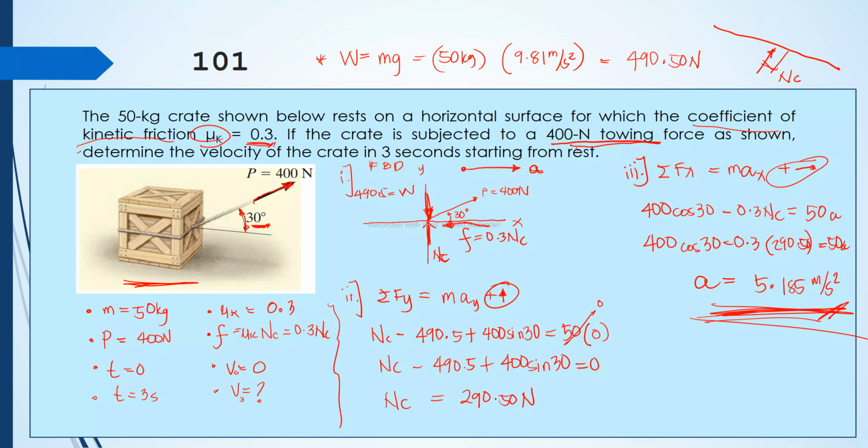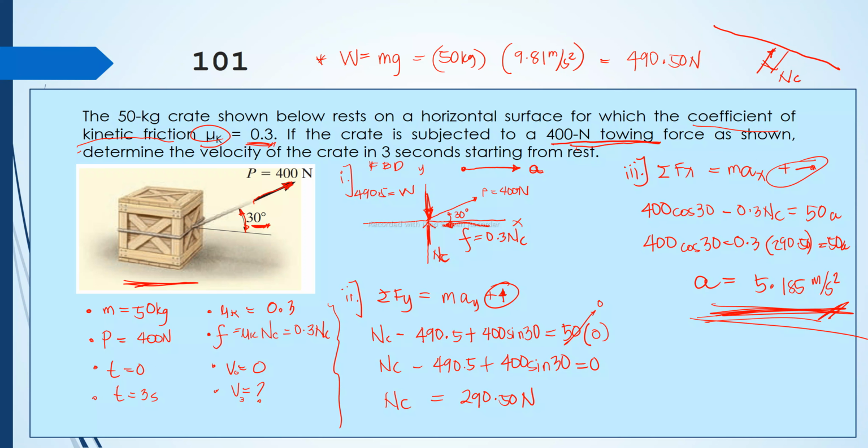So after plotting the FBD, we try to determine in which direction the object is moving. We know that the object is being pulled towards the right, or towards the positive axis. Therefore, its acceleration is also towards the right. And then after the FBD, we sum forces along Y so that we can solve for NC, the normal force.